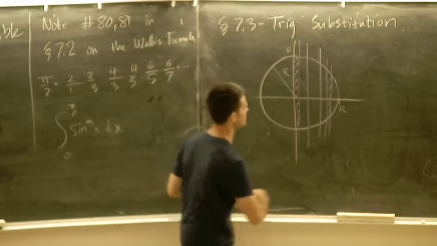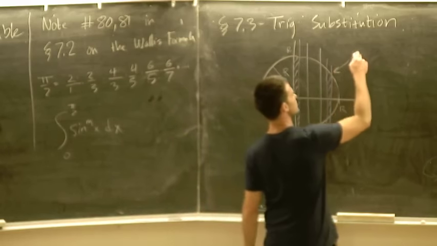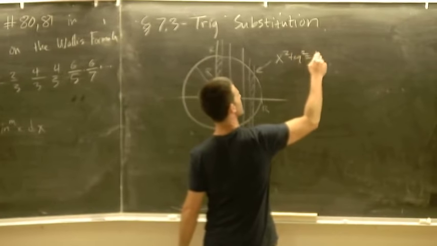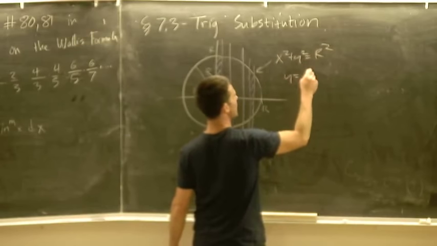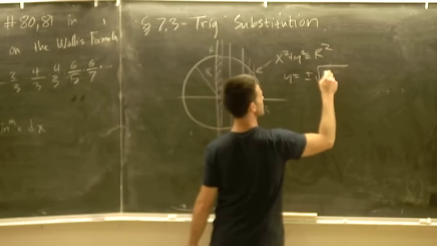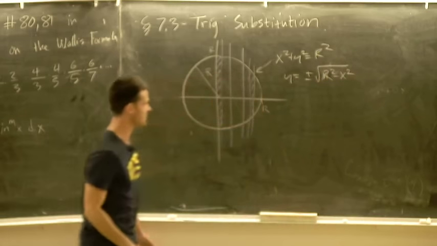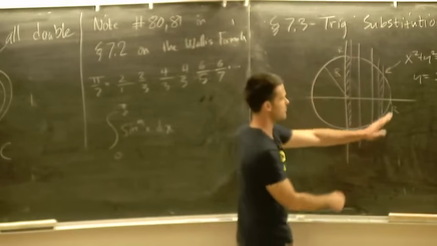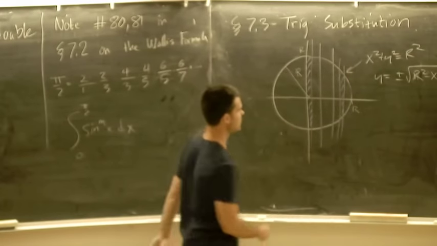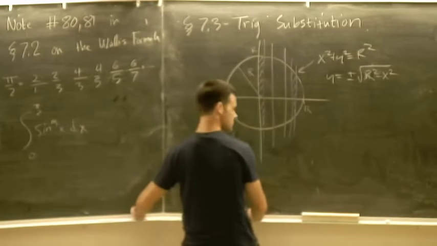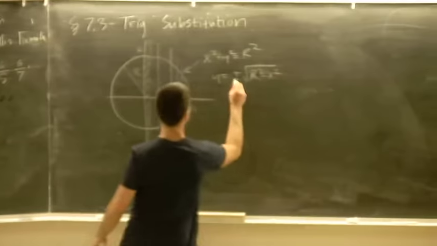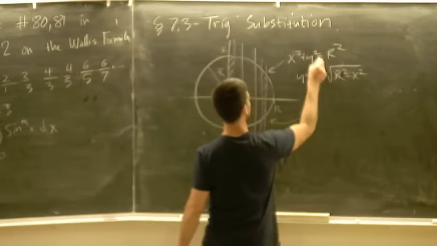Because, okay, let's try to do it. So this is the equation x squared plus y squared equals r squared, or y is equal to plus or minus the square root of r squared minus x squared. The plus for the top half, the minus for the bottom half.